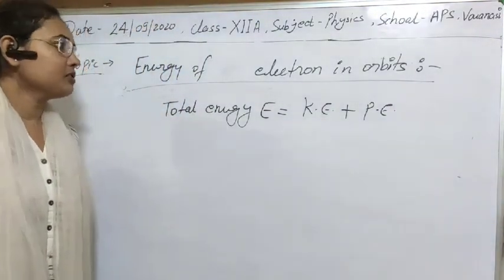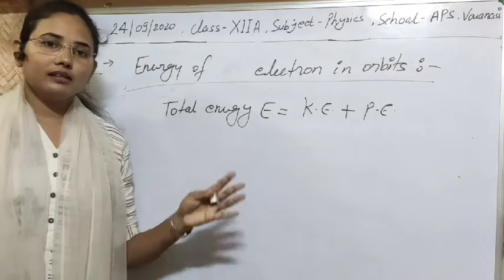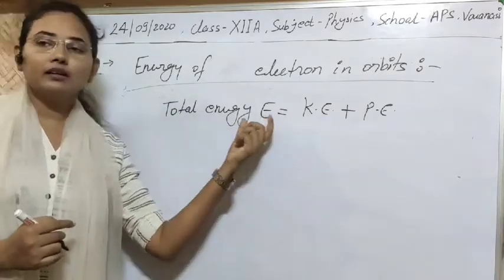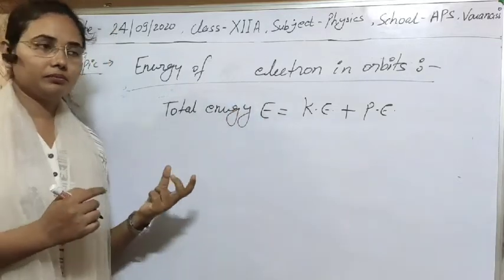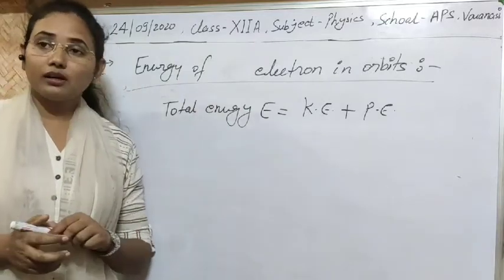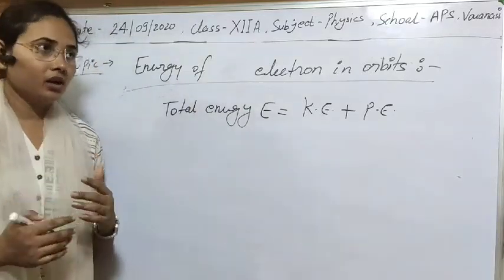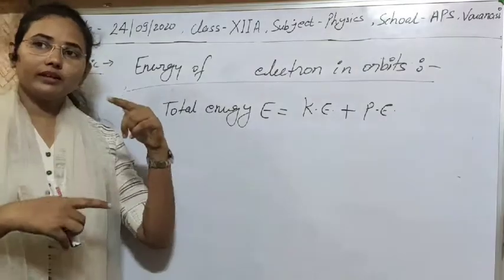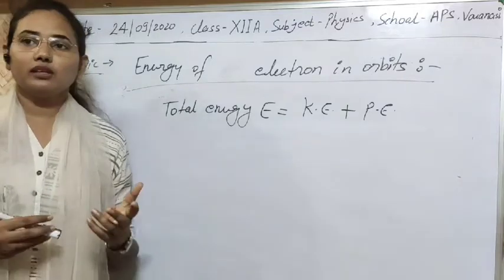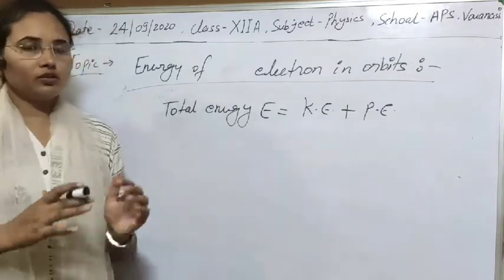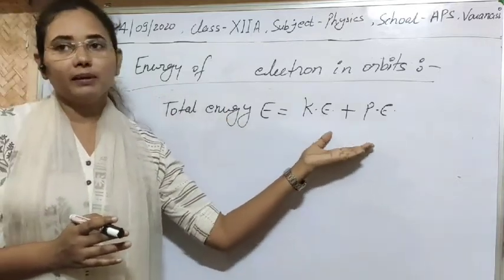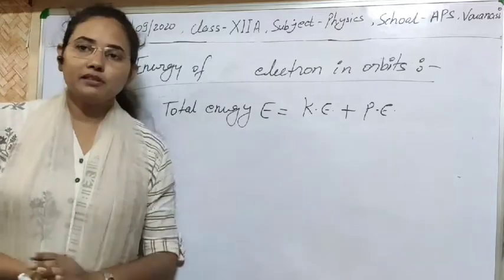The assumption of Rutherford was that there are elastic properties between the electron and the nucleus, so there is no other radiation. Also, electrons are revolving around the nucleus with constant velocity. If there is uniform motion and not accelerated motion, there is no dissipation of any other energy. So the total energy will simply be kinetic energy plus potential energy.